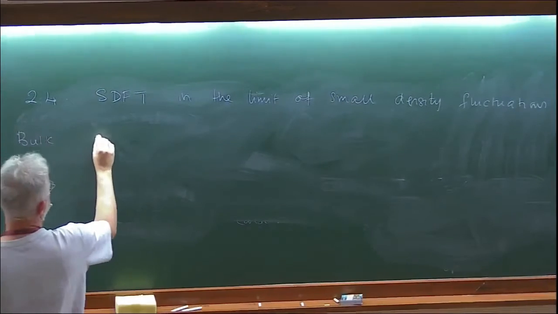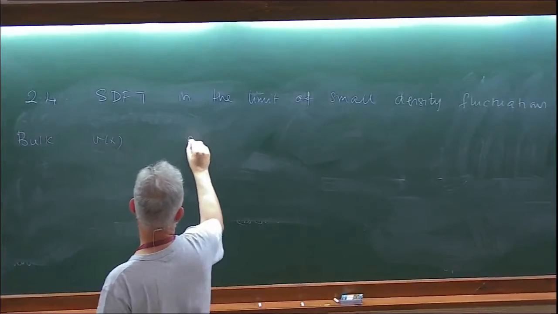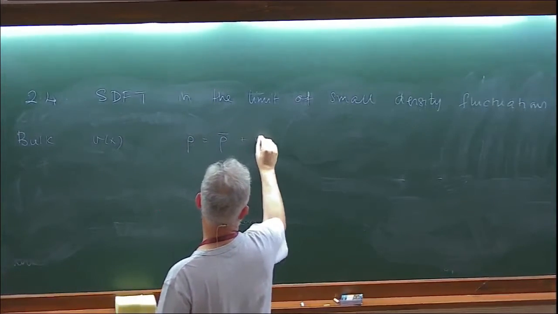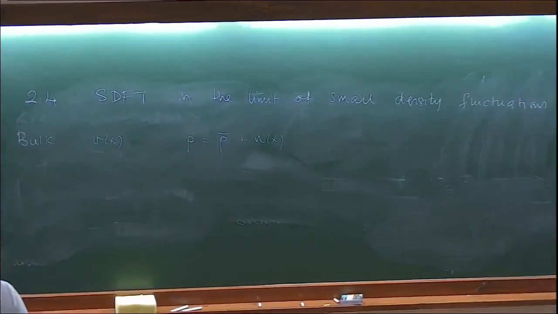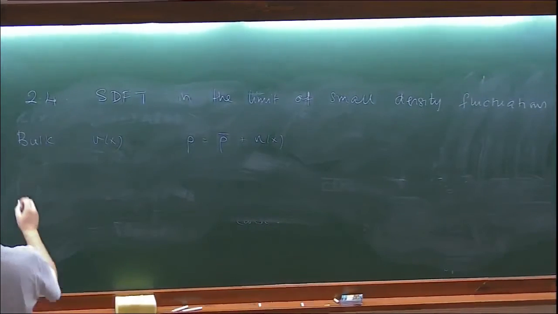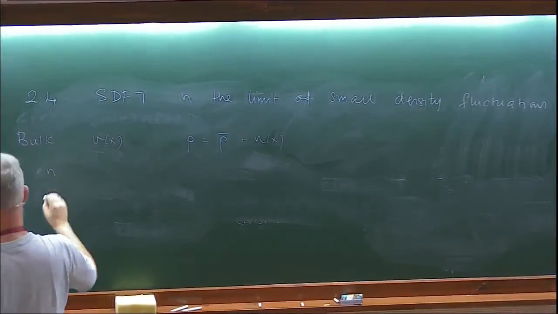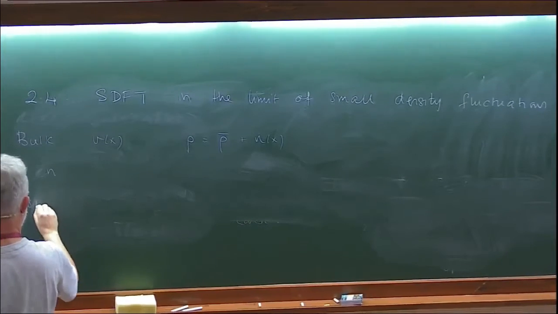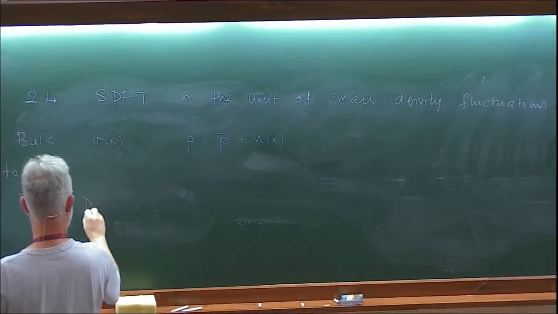So this means there's no external potential. So the starting point is, again, you write that rho is equal to rho bar, which is a constant, plus n of x. And then the equation for the fluctuations, to order n, you basically find that dn by dt is equal to D.